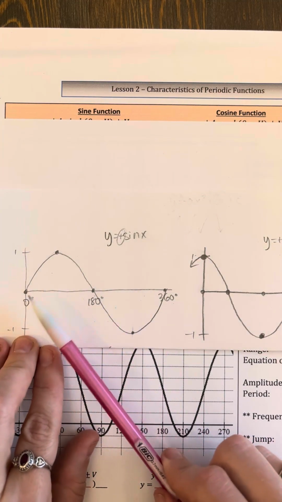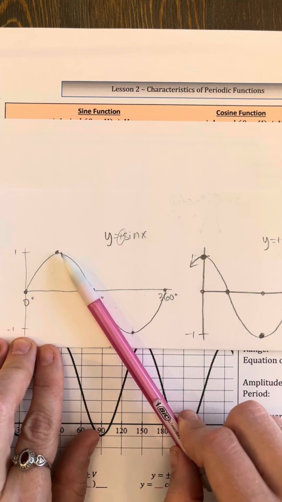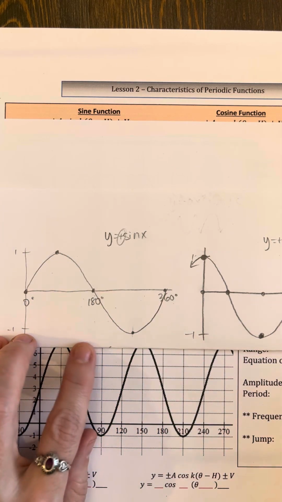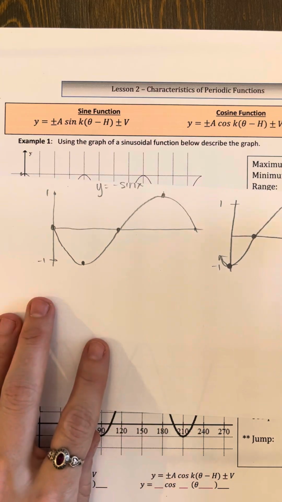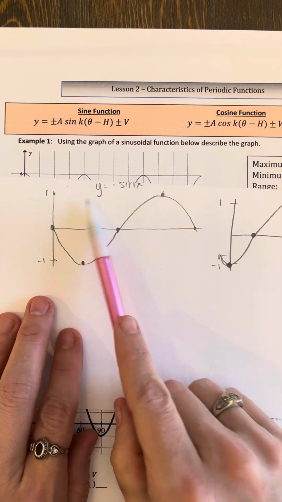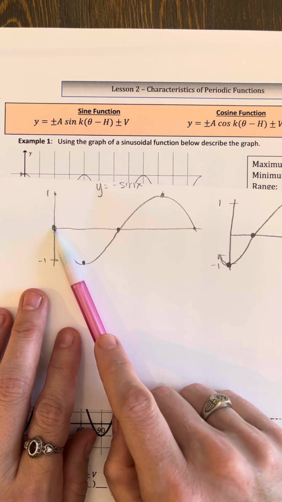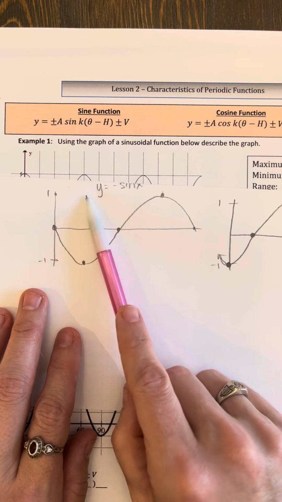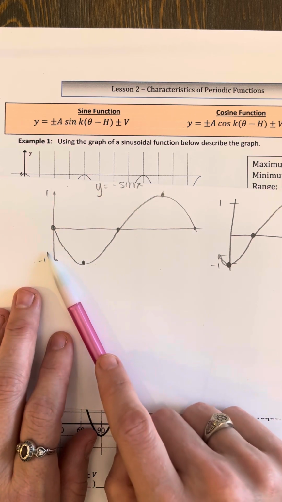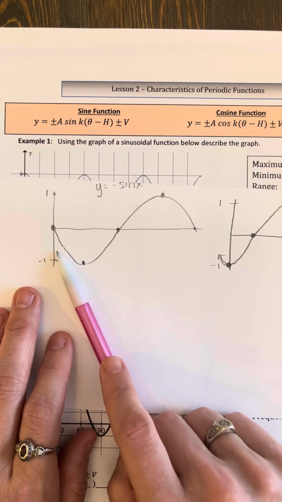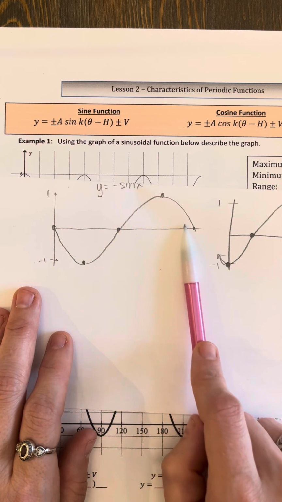So the positive sine wave starts at 0 and goes up to a crest, okay? And the negative sine wave would look like this. This is a negative sine wave. It starts at 0, 0, but instead of going up to a crest, it goes down to a trough, down to a minimum. So it's just a reflection of the positive sine wave.